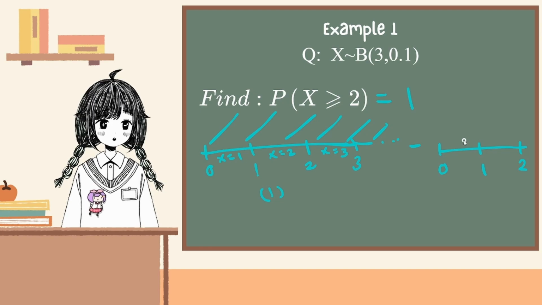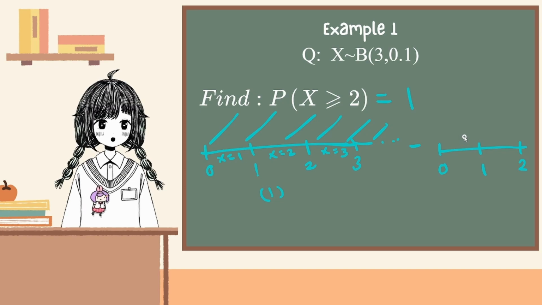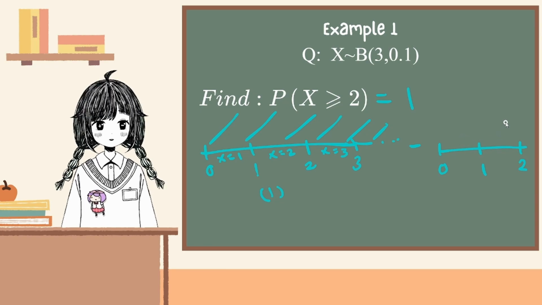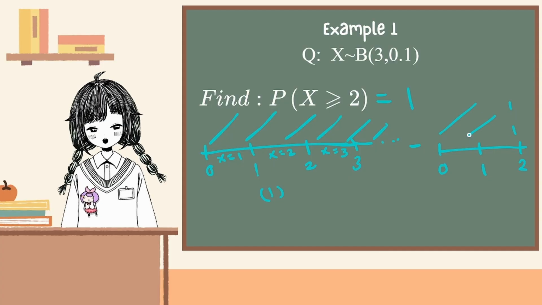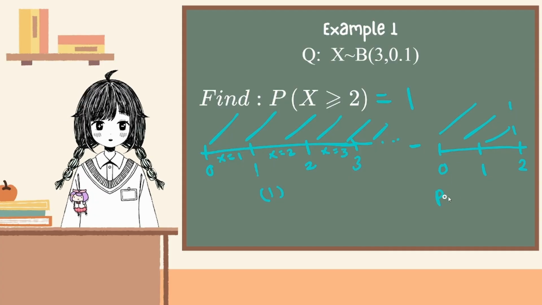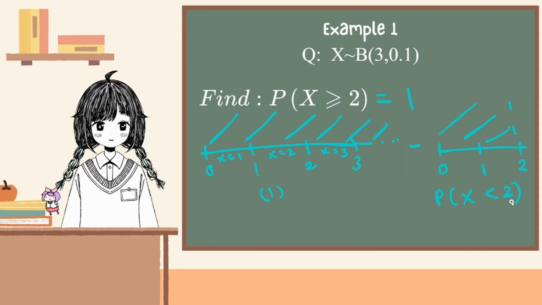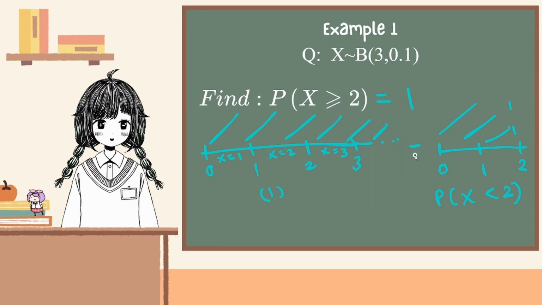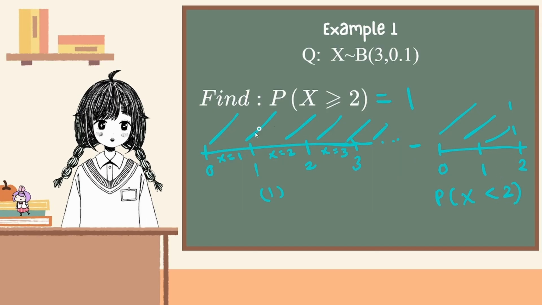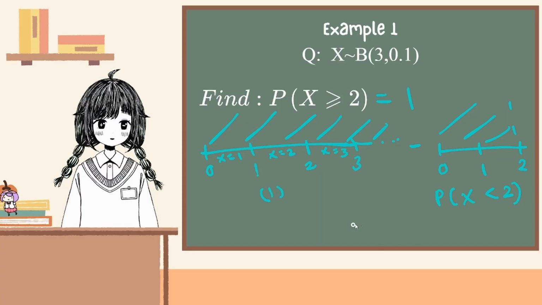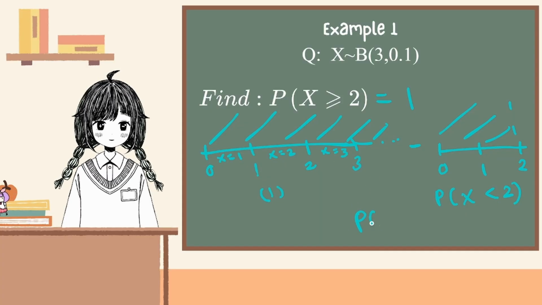Since we want the end result to be more than or equal to, we cannot do this, since this would mean P(X < 2), because this will get rid of the 2 as well, and our final answer will be P(X > 2), which is false because we want this.